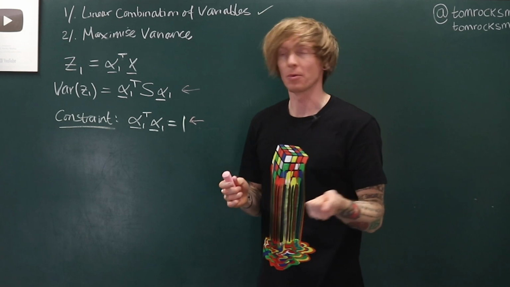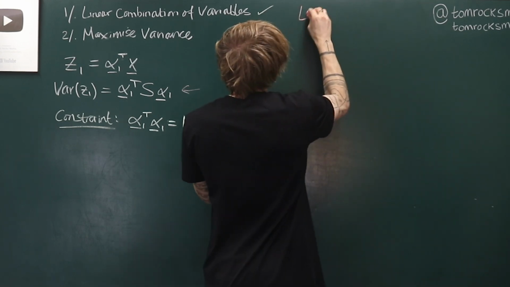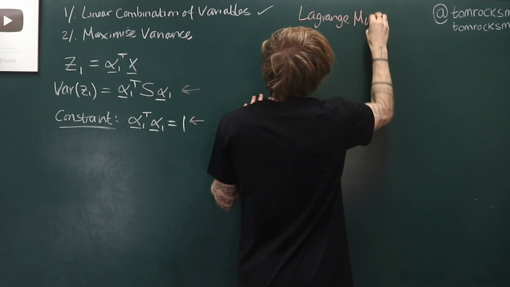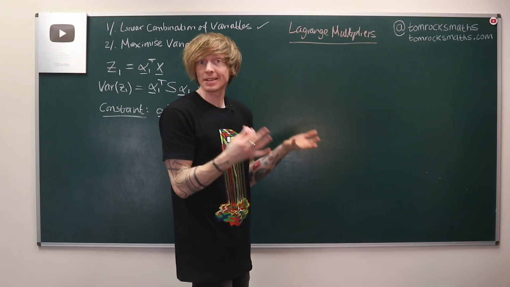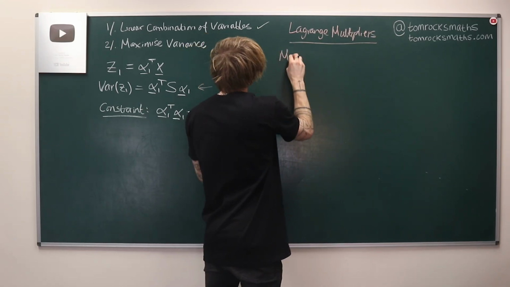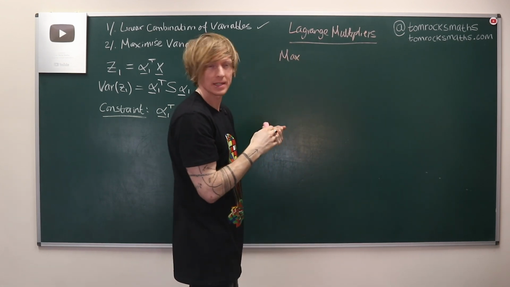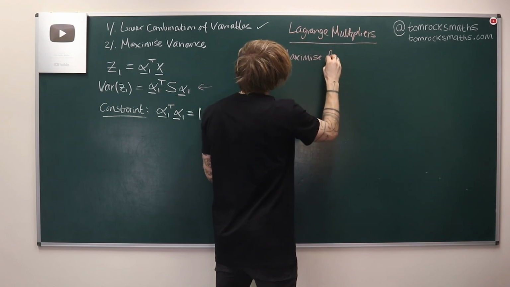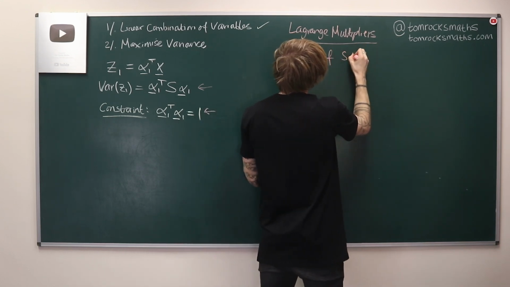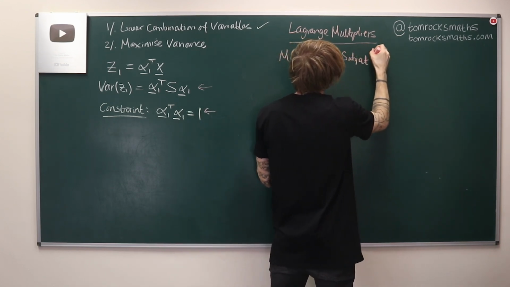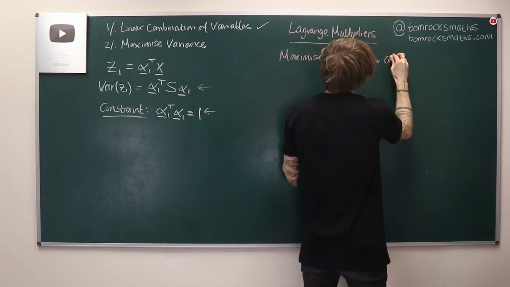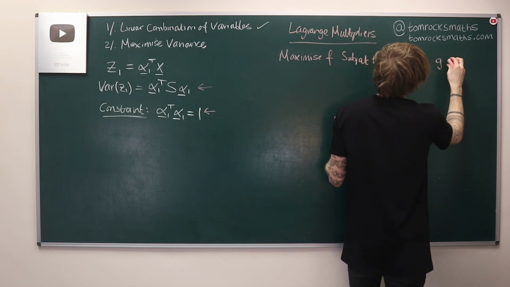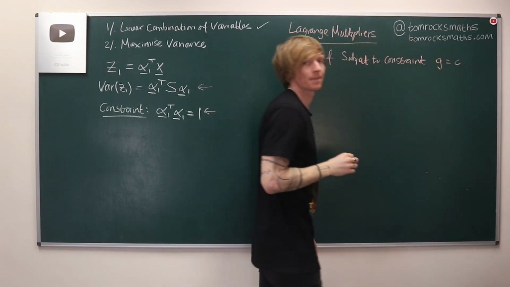So here's how it works. We want the method of Lagrange multipliers. So generally, what we want to do here is maximize, and again, this would work for minimizations as well, we want to maximize some function f subject to a constraint, and we'll call this constraint g, and let's suppose that g is equal to some constant c.